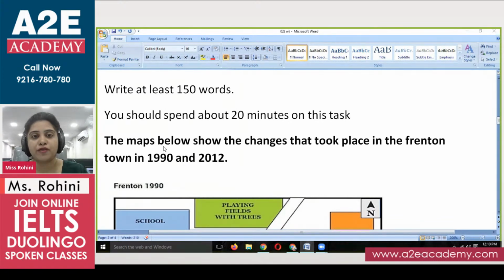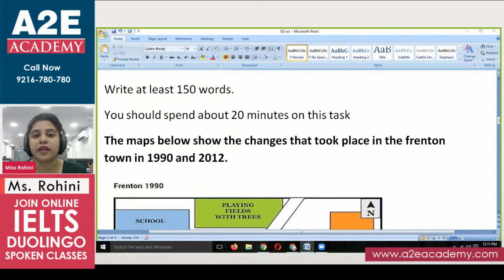So for that, we have bifurcated the time slot for task one and task two. Okay, for task one, we need to spend only 20 minutes. As such, when we write, we can easily complete task one in 15 minutes also, if it is not very complicated, because it's very easy to write task one.